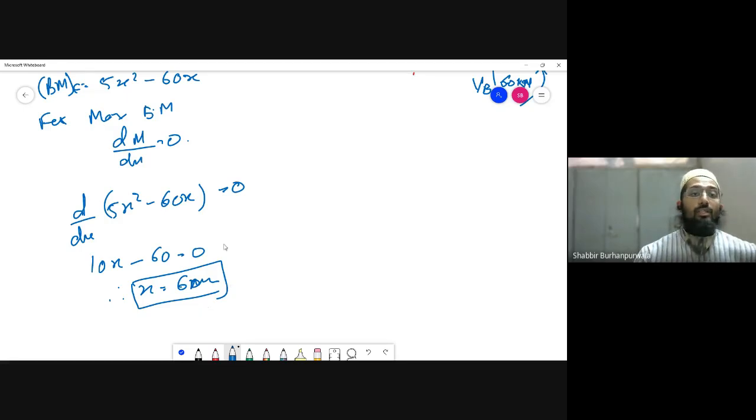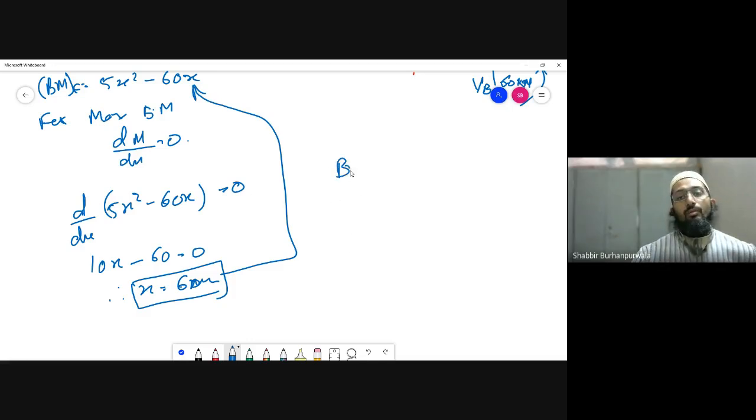Now substituting this into the equation over here, bending moment at E is equals to 5x square minus 60x, that is equals to 5 into 6 square minus 60 into 6. So this gives you how much?